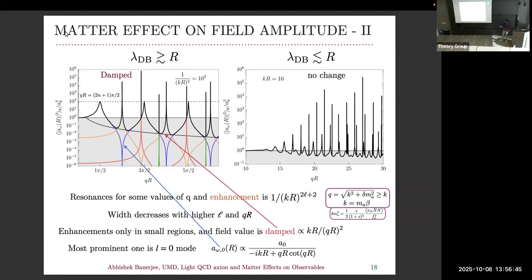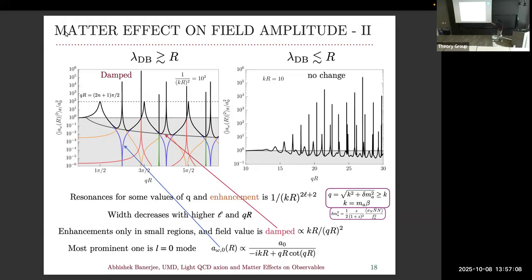We need to do a bit more math to understand this part, but this is how it goes. And this is shown by the big gray line over here. So my field amplitude on the surface of the Earth is actually damped. It's suppressed compared to what I would guess.